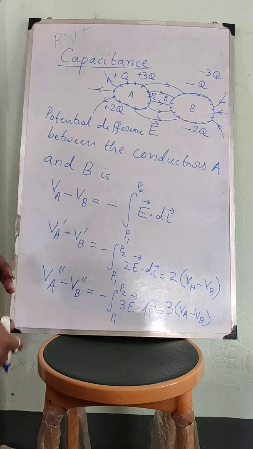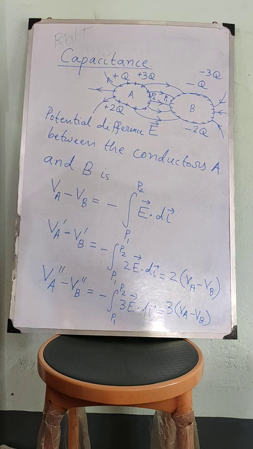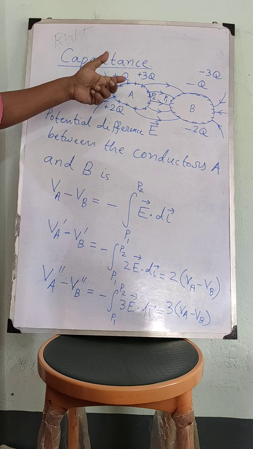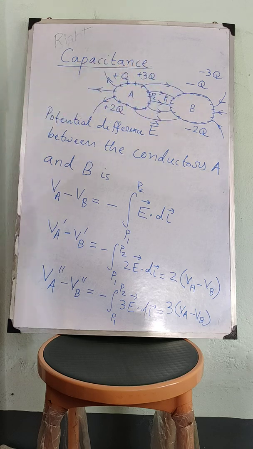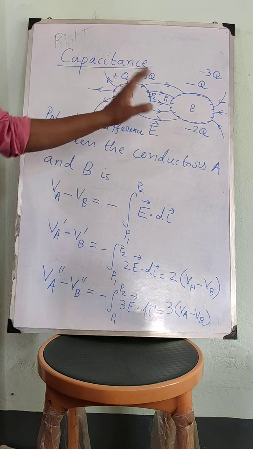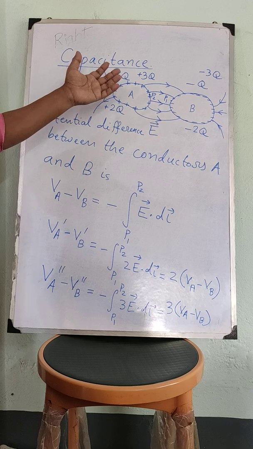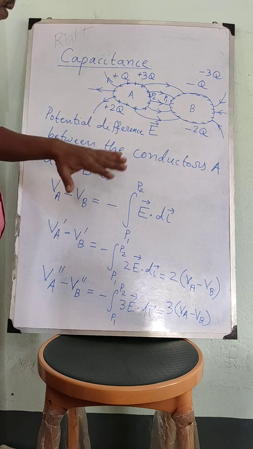So we see that the potential difference between the two conductors is directly proportional to the charges on the conductors, because if I double the charge, potential difference becomes doubled. If I triple the charge on the two conductors, the potential is tripled.